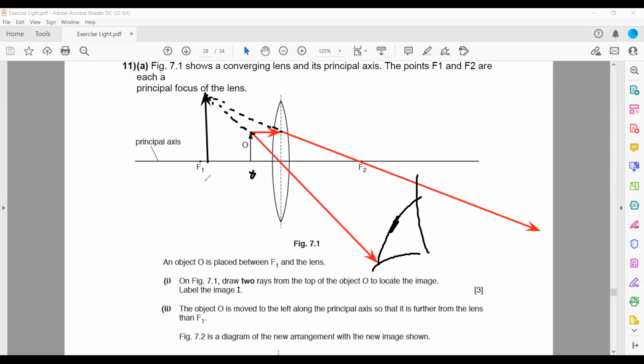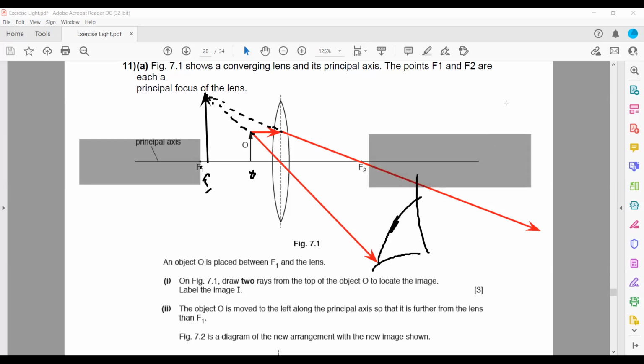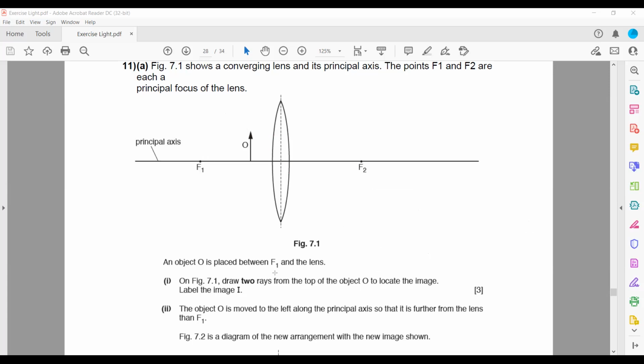So here is the object, and this one is the image. It is easy to remember: whenever the object is between the focus, the image is always virtual. If it is after F, either on the left-hand side or the right-hand side, then it will be a real image. But if it is within the focus, it will be virtual.